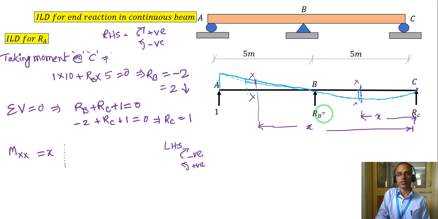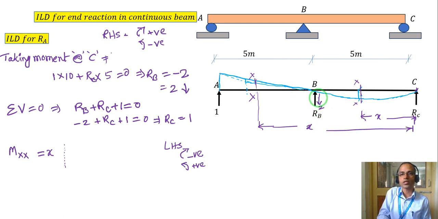The RB value is minus 2. That means your reaction is downward, right? Downward, which is 2. So 2 into the total distance. How much is this distance? This is 5, so X minus 5.